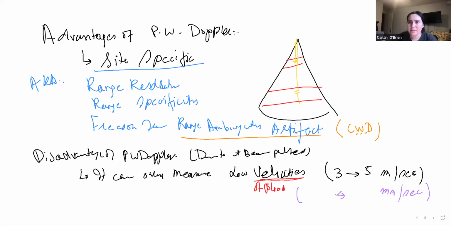Is it 3,000 to 5,000? Very good. Millimeters per second. Did you guys get that?